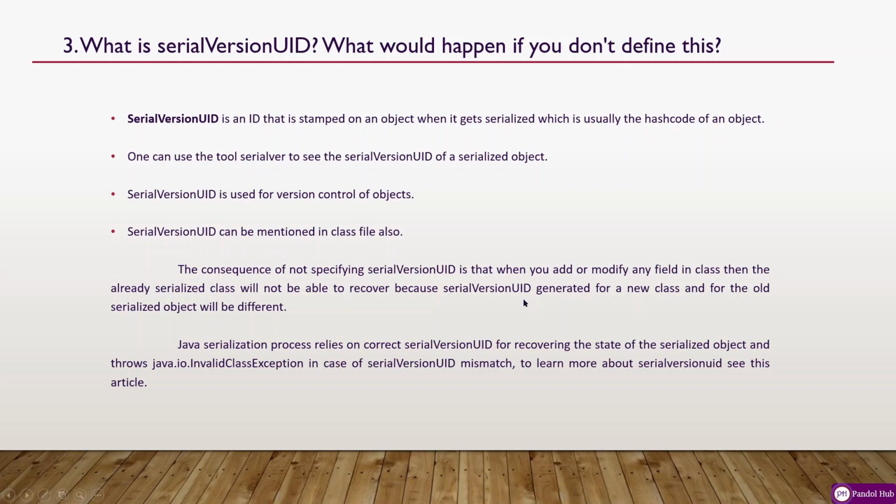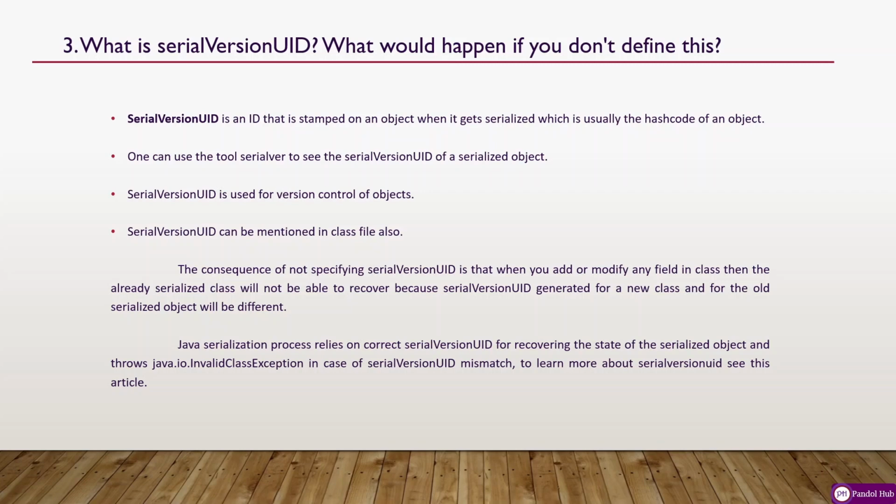So why do we have the serial version ID? As I said, it acts as a version control concept for the objects. When you serialize an object with one UID, and there is a modification in the class, then when you serialize the new class, the UID is going to be different because the hash code of the object is also different as it is modified.